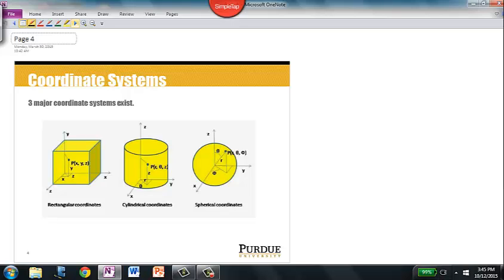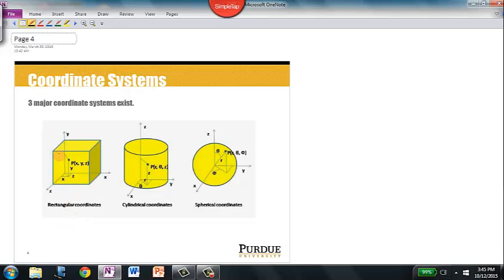So before we start describing physical forces and properties in terms of vectors, we have to be able to define the location of points in space. In the maps I showed you, we did that in 2-dimensional space, but in this class we're going to extend that into 3-dimensional space. Typically we've done this in the past using what we call the Cartesian or rectangular coordinate system.